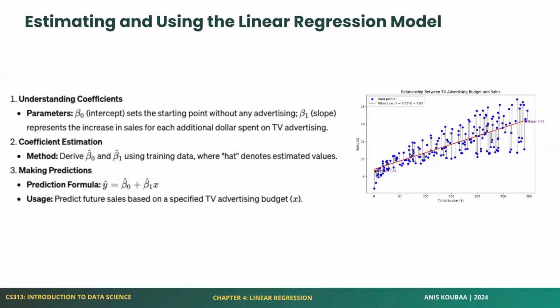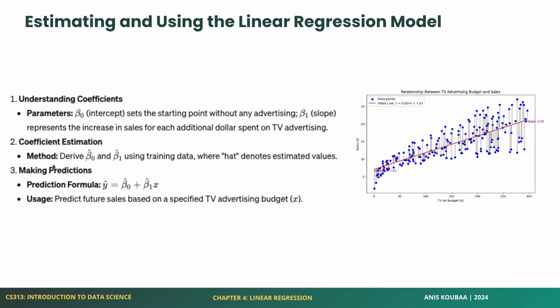So for X equal to 0, I will have a particular Y. Now I can interpret that if I don't spend any budget on television, the sales will be around a 7.03 increase, around $7.03 million, or the unit of the sales.